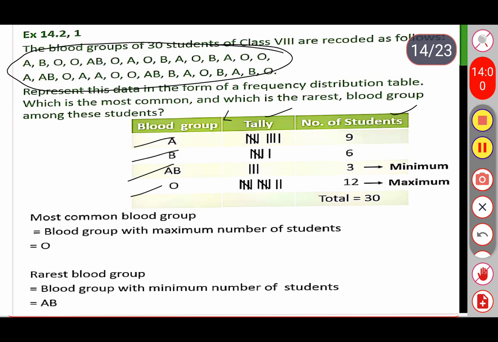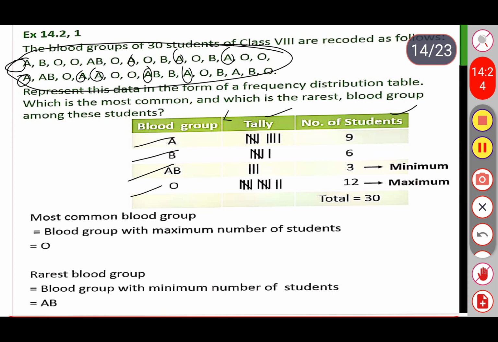So here 30 students' blood groups are already given. Out of 30 students, how many students have blood group A? Just count this one. 1, and this is 2, 3, 4, 5, 6, 7, 8, 9. Right?